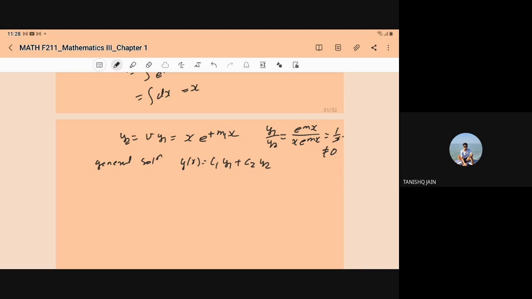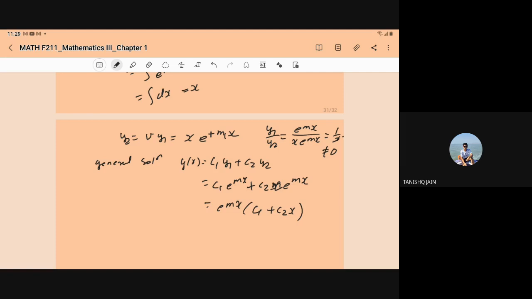So here the general solution is y(x) is equal to c1 y1 plus c2 y2, that is c1 e to power mx plus c2 x e to power mx, or you can say e to power mx (c1 plus c2x). That is your general solution when we have equal roots. So we have discussed all the three cases.